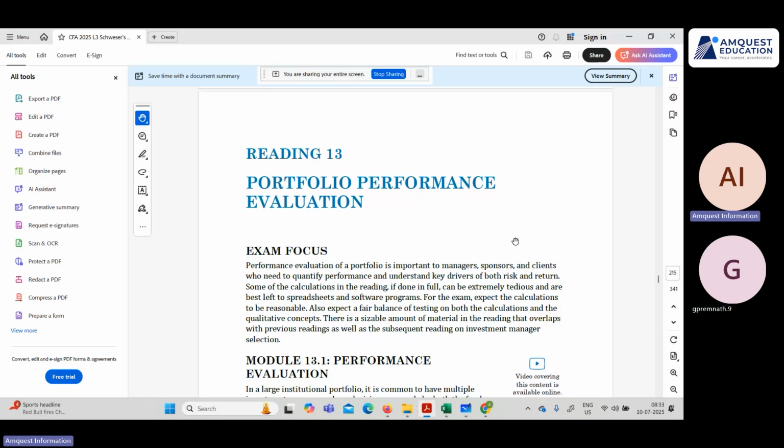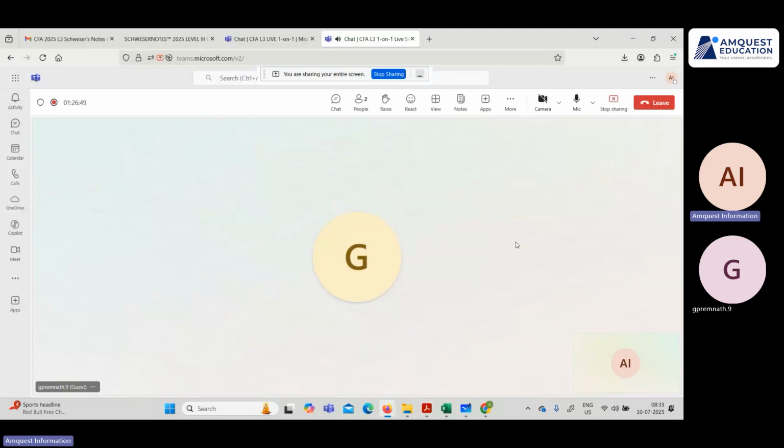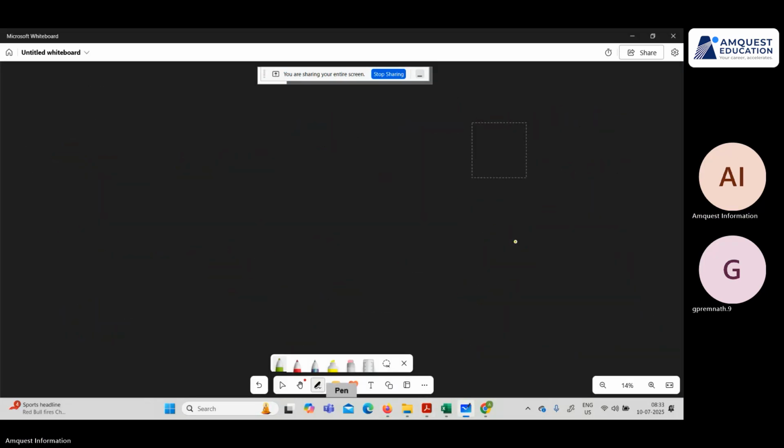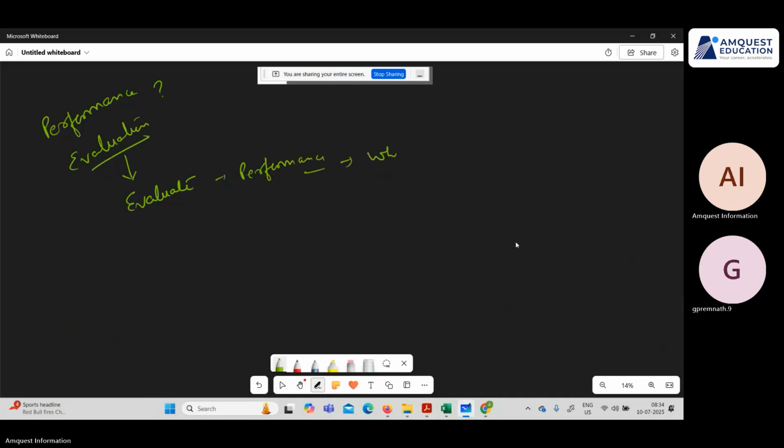One of the first things I'm going to start with in portfolio performance evaluation is the concept of what we are trying to achieve. When I say that we are doing a performance evaluation, the name explains that we are trying to evaluate the performance of whom?